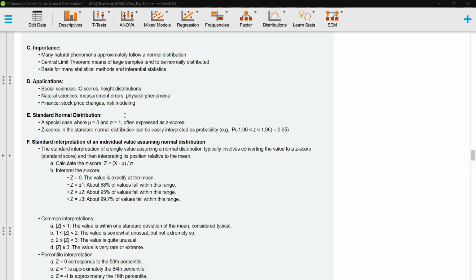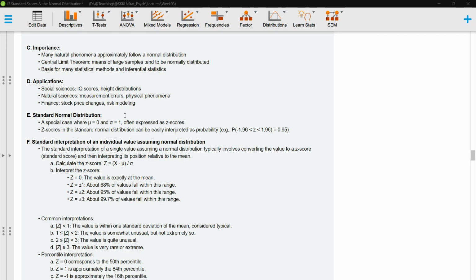And there is one specific normal distribution that is widely applicable to many settings: the standard normal distribution. We have different values of mean and standard deviation for any normal distribution.